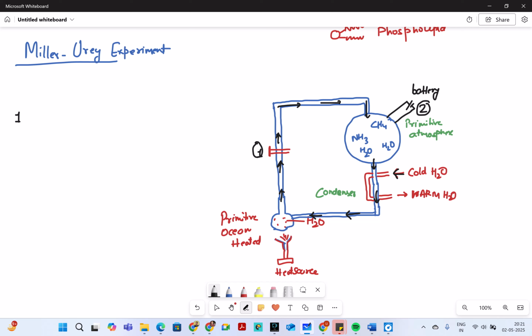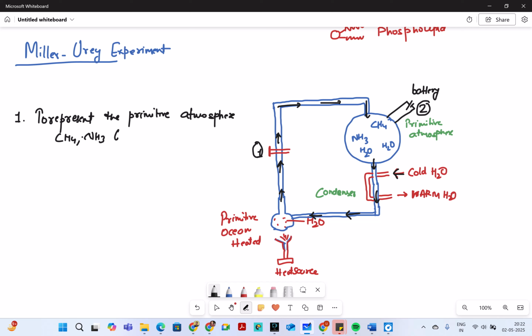So can I say here, to represent the primitive atmosphere, CH4, NH3 and H2 are added to water vapor.